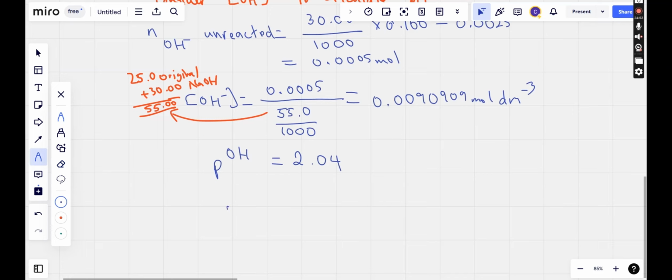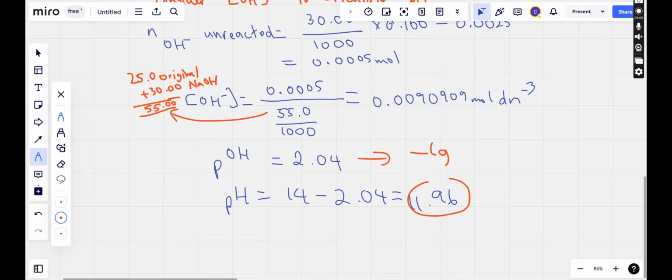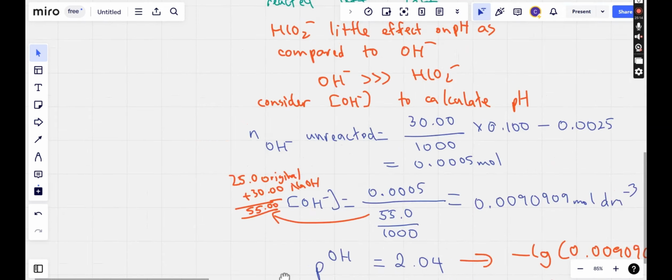So pOH is 2.04, pH is 14 minus 2.04, 11.96. So this 2.04 is essentially just the negative log of 0.00090909. Okay, so now let's go back to the graph here.